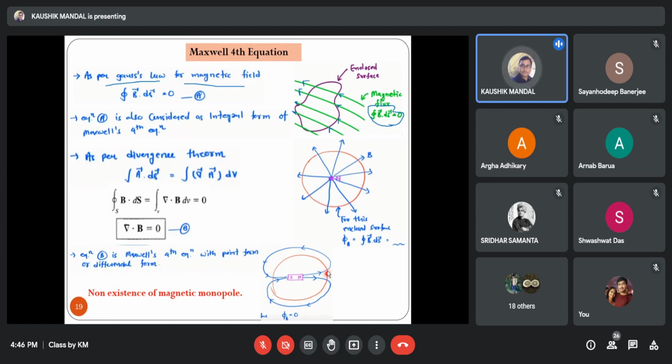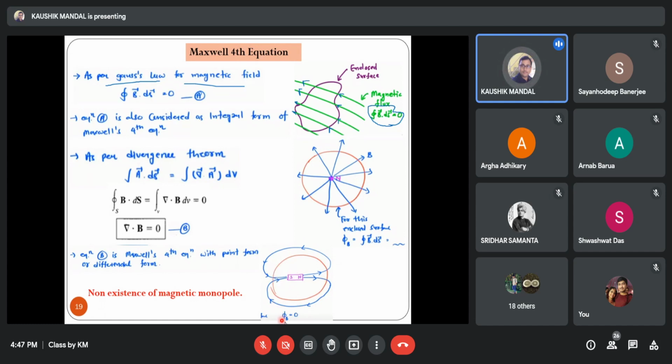At this particular point, the field is leaving. At this particular surface, the field is entering. So at this edge, the field is leaving the closed surface, and at this edge, the field is entering into the closed surface.